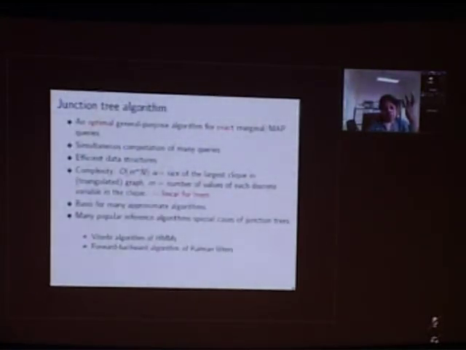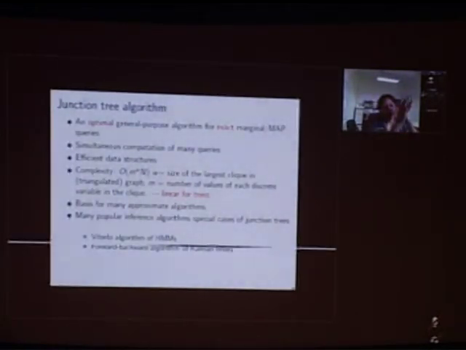And then there is this very famous method based on junction trees. Again, you can find it in well-known textbooks on graphical models. So the junction tree algorithm, just let me leave with this one note. It is an optimal general purpose algorithm for exactly computing the marginal probability, the answers to marginal and MAP queries in a graphical model.